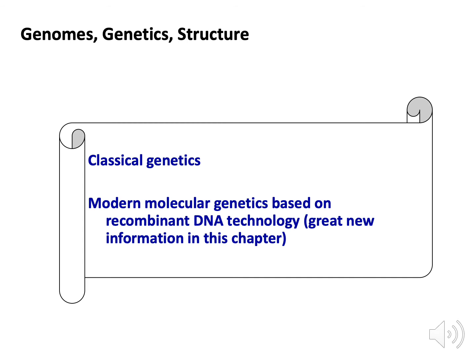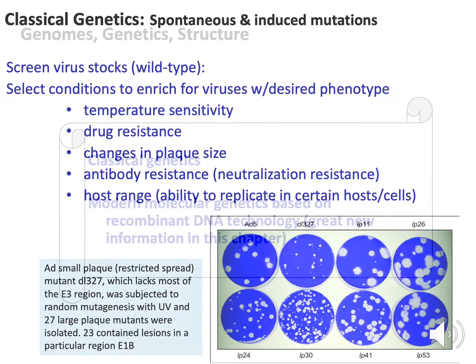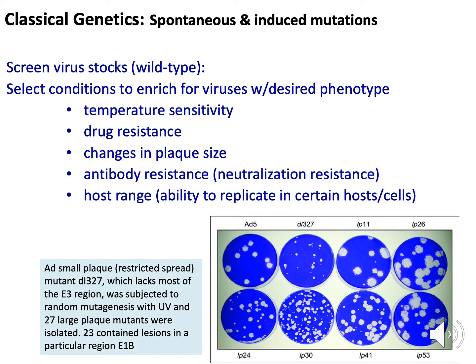And then there's modern molecular genetics based upon recombinant DNA technology. And so this chapter 3 covers an introduction to viral genetics that's used throughout the rest of the course.